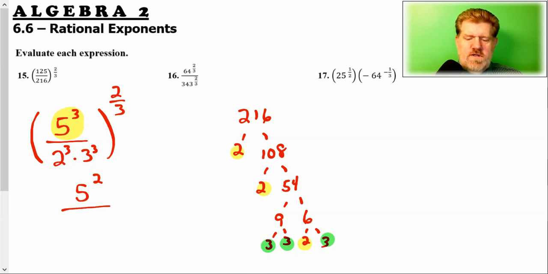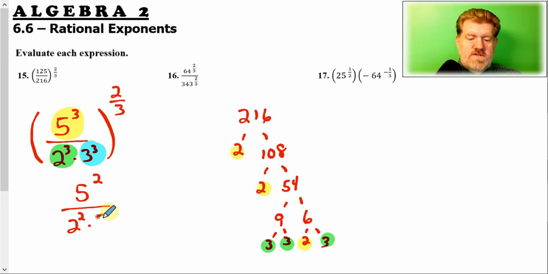Now, we're going to do this one. 2 to the third raised to the 2/3 power. Same thing. It's going to be squared because 3 times 2 is 6. 6 divided by 3 is 2. So it's going to be 2 squared. And the same thing is going to happen to 3. 3 squared, because 3 times 2 is 6. 6 divided by 3 is 2.